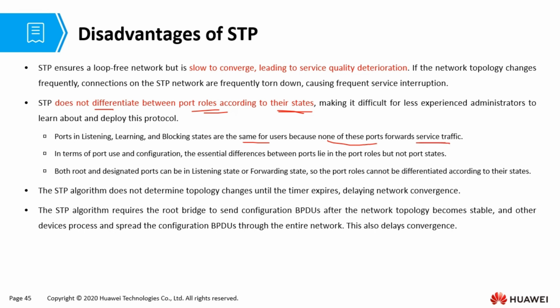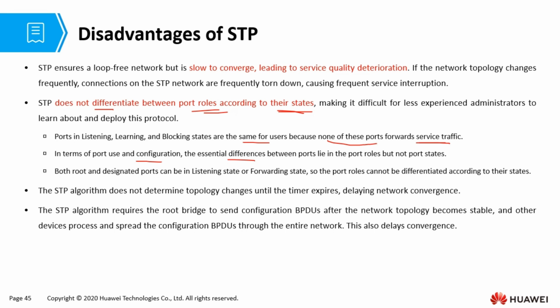In terms of port use and configurations, the essential difference is in the port roles but not the port state. Both root port and designated port can be in the discarding and forwarding state, so the port roles cannot be differentiated according to their states. So this causes some confusion between the port roles and their state.